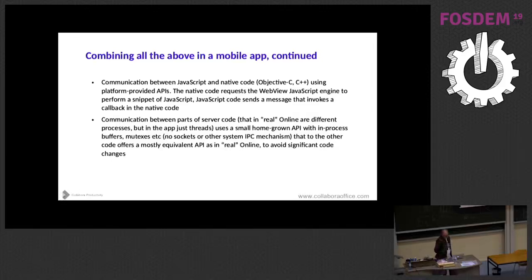And in the online server, you have these separate processes that send messages to each other. In the app, they run mostly as different threads, and instead of sending any messages through some system IPC mechanism, we just have this simple buffering system where they add a message to a data structure, and the other thread notices that and takes it from there.